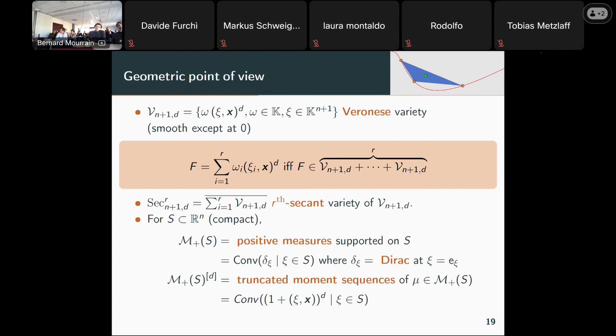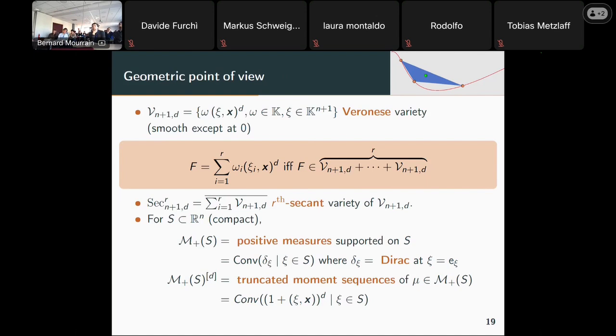When you have positive measures, you take the convex combination of measures, and it's again a positive measure. So here is what we do. Here it should be the convex set spanned by these Dirac measures.